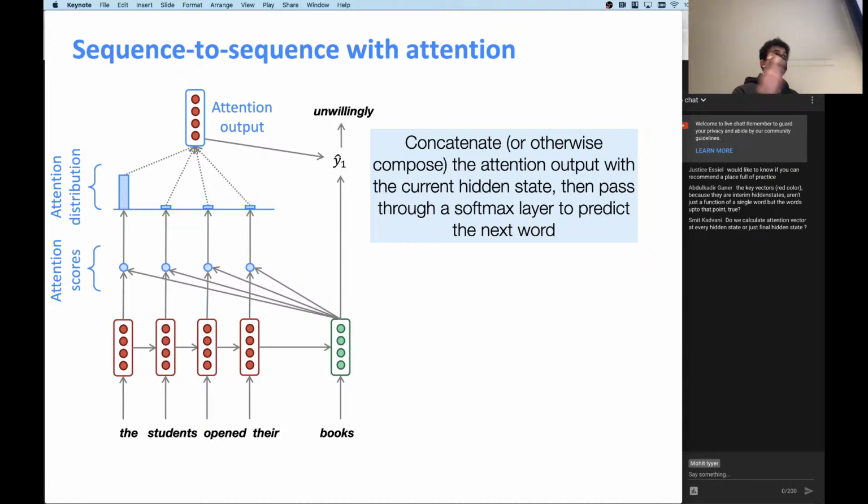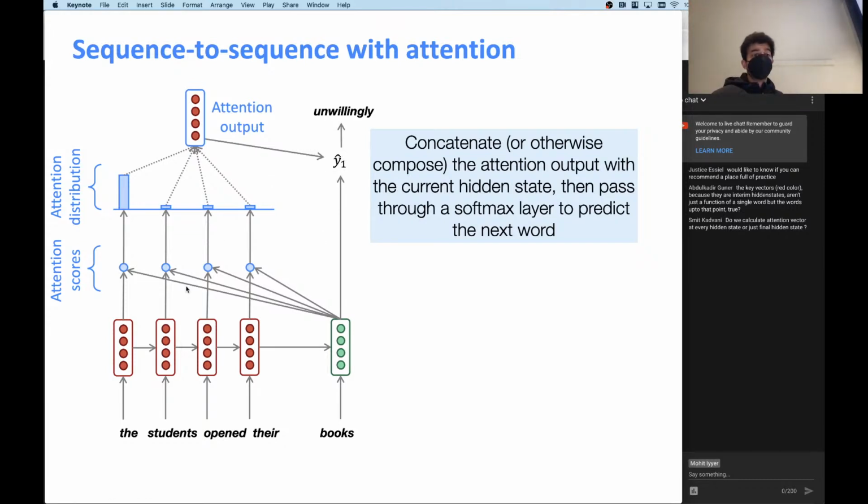Okay, two more questions. Why does the dot product of two different hidden states show that they're related? So the question is, why are we computing the dot product, and why do we expect that to be a meaningful measure of similarity? We are actually training this whole network.